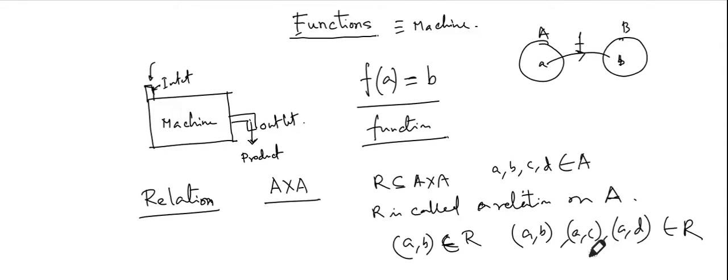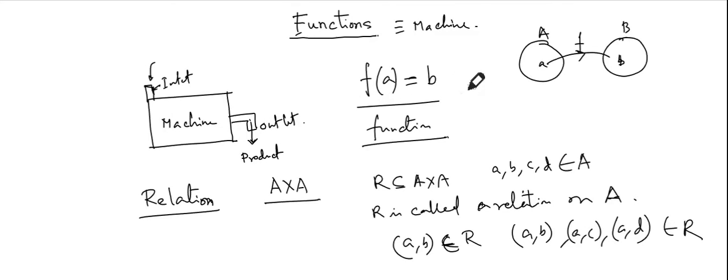It cannot happen, because for a the product should be the same every time. If we give a in the machine every time, the product that will come out from the machine will be a single product. It cannot be that different products come out from that machine. Then the machine is faulty if different products come out for the same input. So that is the case in a function.